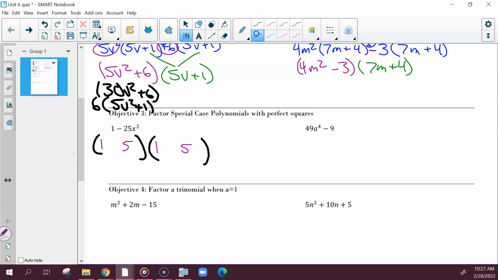What times what will give you x squared? X times x. And then 1 should be plus and 1 should be minus. If you don't have a perfect square, see if you can divide out a GCF first, and then you should be able to get your perfect squares.